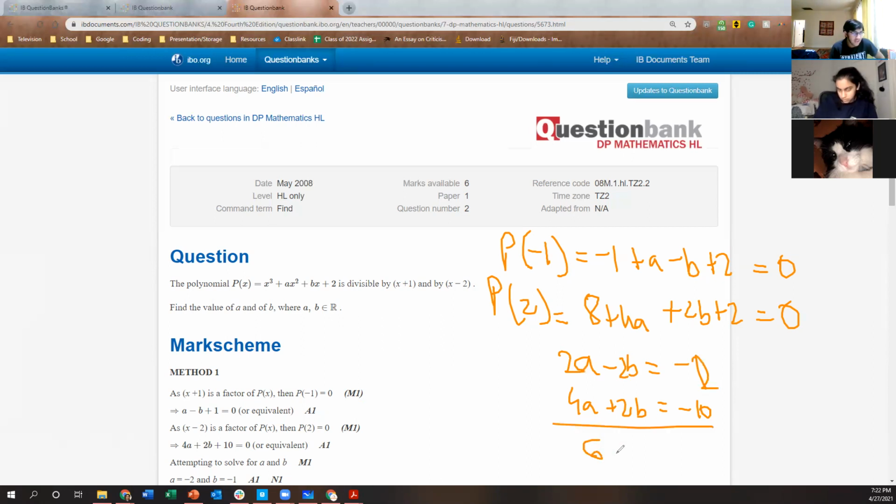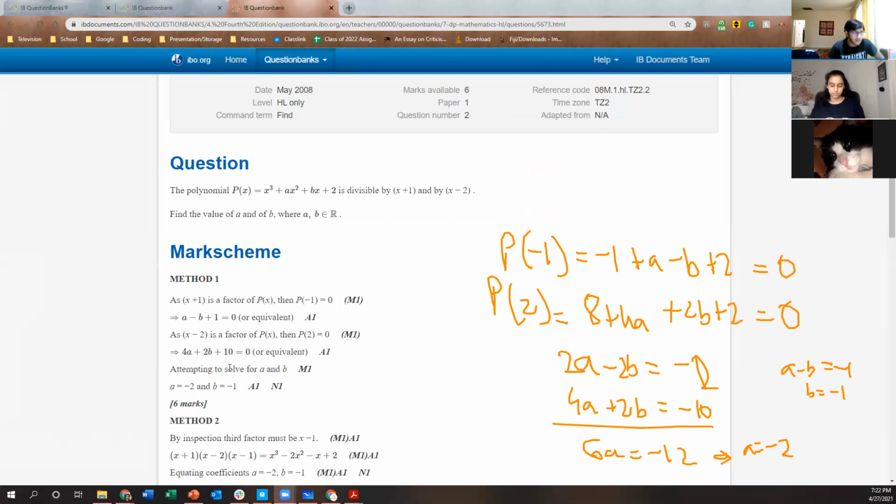I'm going to get 6a equals -12, which implies that a equals -2. And if a equals -2, I can plug it into the easier equation, a minus b equals -1. That means b has to equal -1. You see how we did that? That's much easier than the other method.